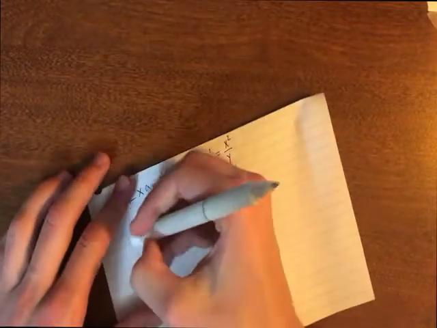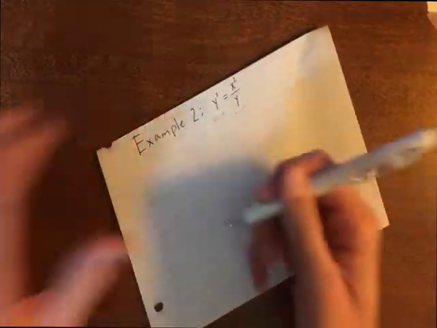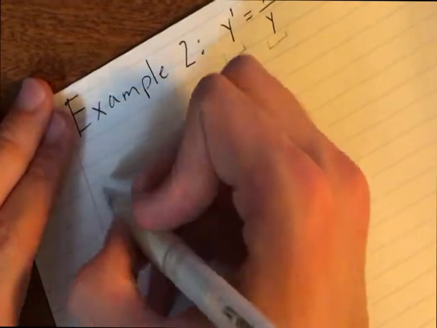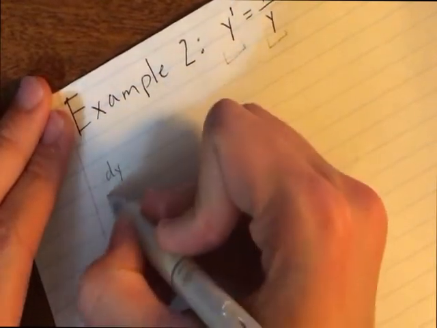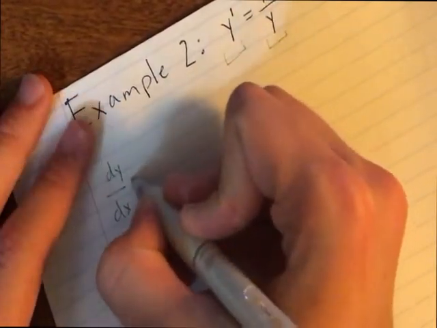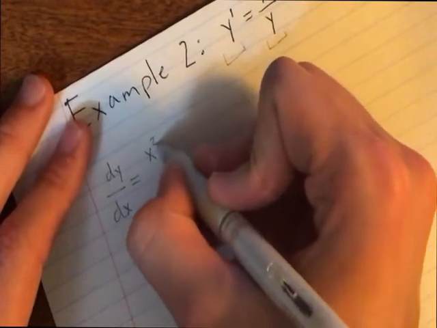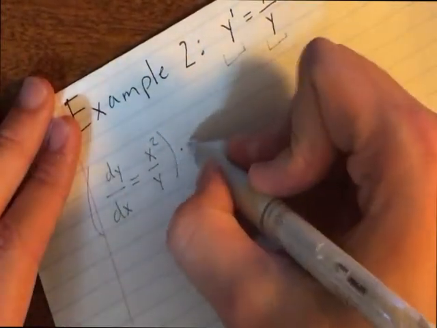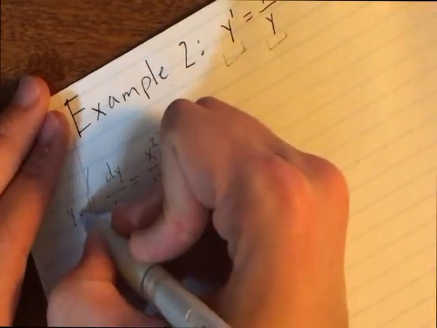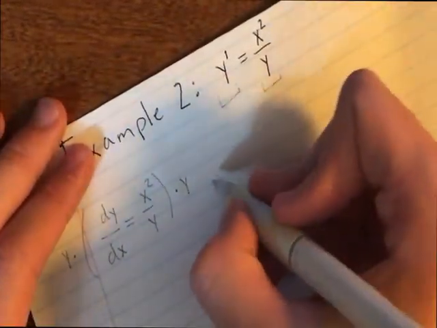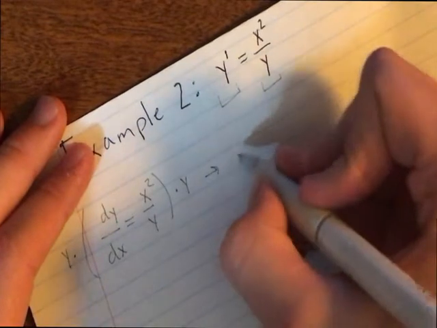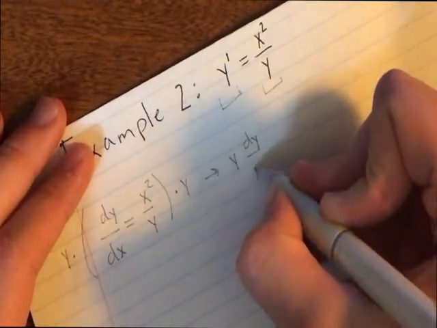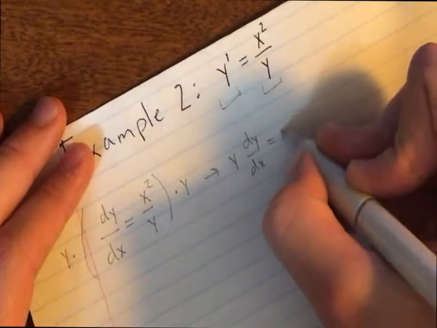So first, we have dy dx equals x squared over y. We want to get the y to the other side, so we multiply by y on both sides, and we get y dy dx equals x squared.